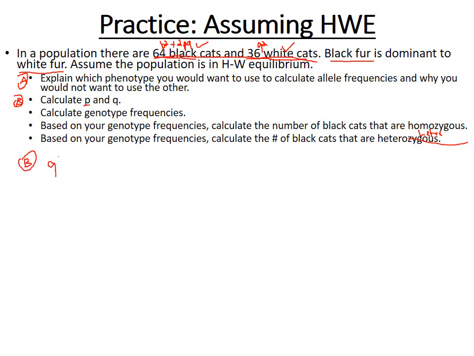Q squared is going to be equal to 36 white cats over the total number of cats in the population, which is 100. So Q squared is going to be 0.36.